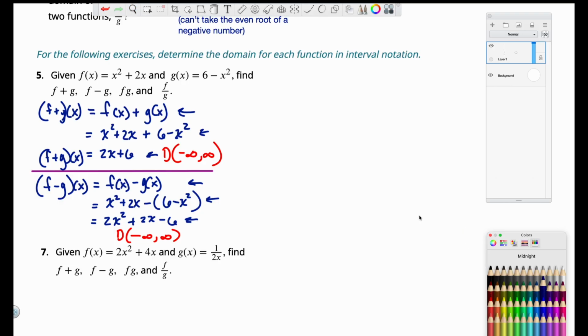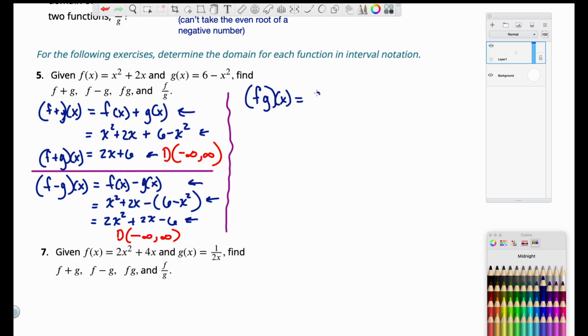Let's have a look at f times g. So fg of x, now this is not f of x yet, this is just f times g. We see there's no symbol here, so that's multiply.